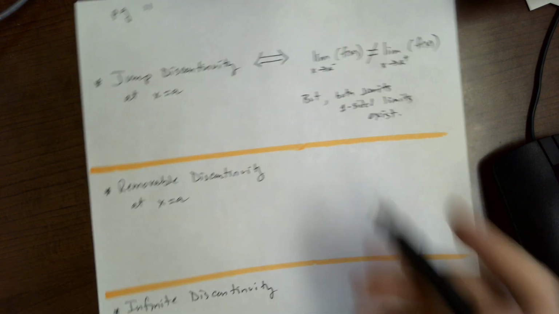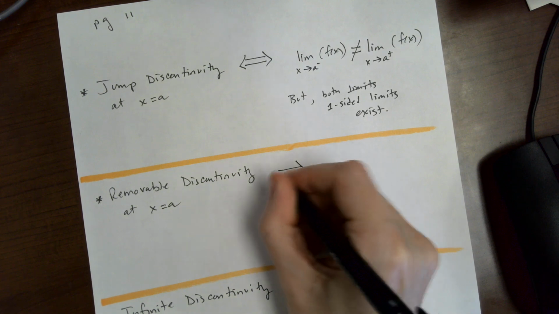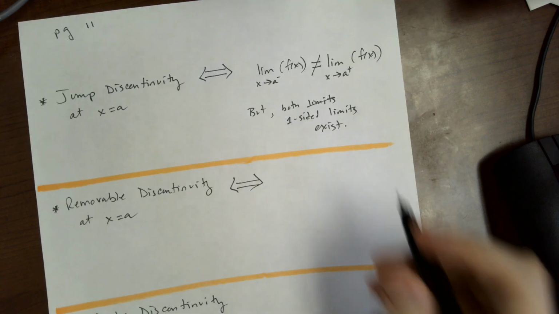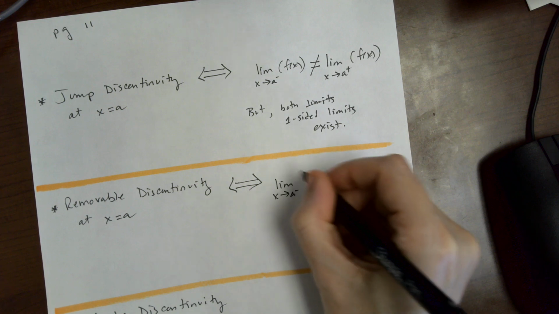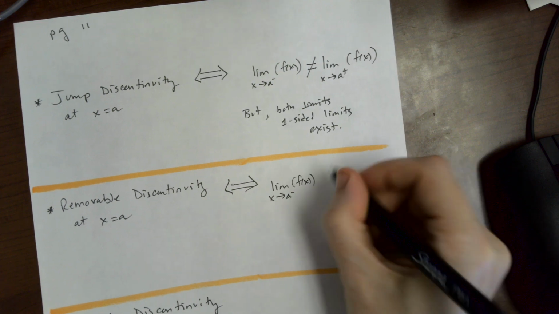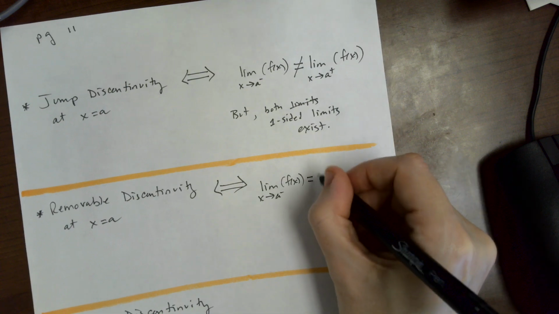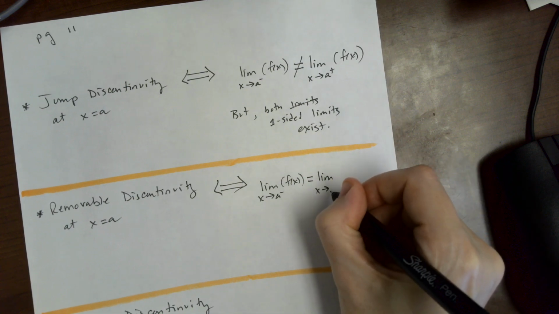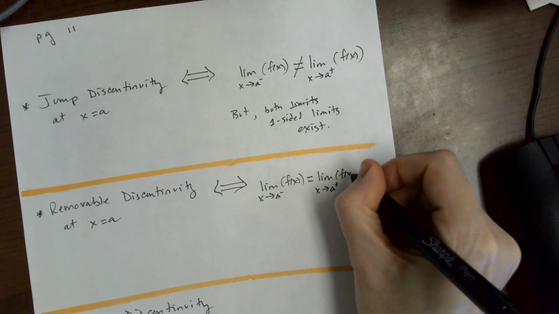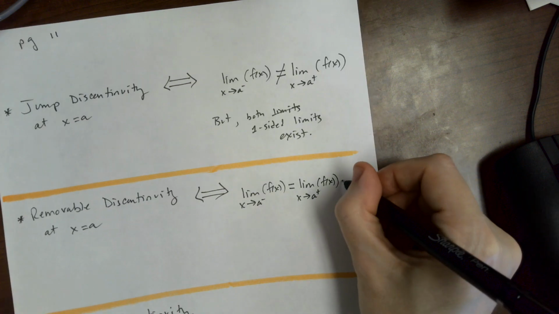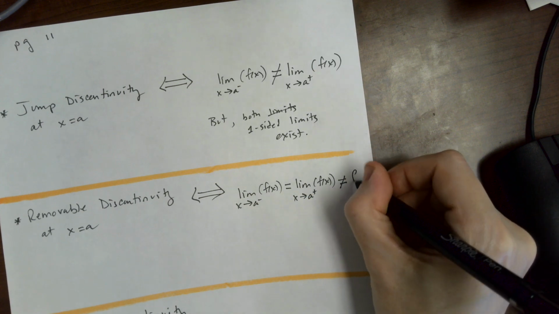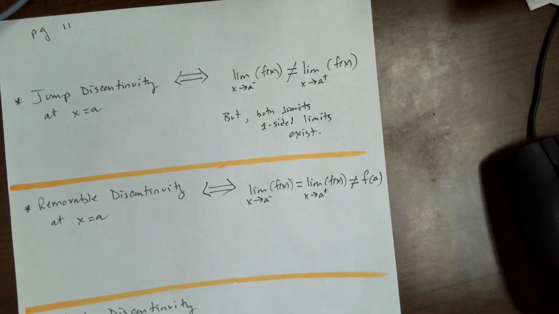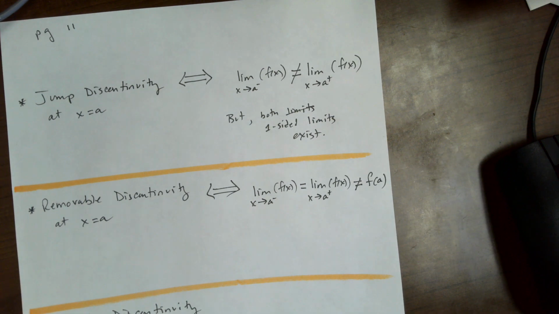Now, a removable discontinuity at x equals a is going to happen when the limit as x approaches a from the left of f of x equals the limit as x approaches a from the right of f of x, but whatever number you're getting for both of those limits is not the same as f of a, which would be the y value there.